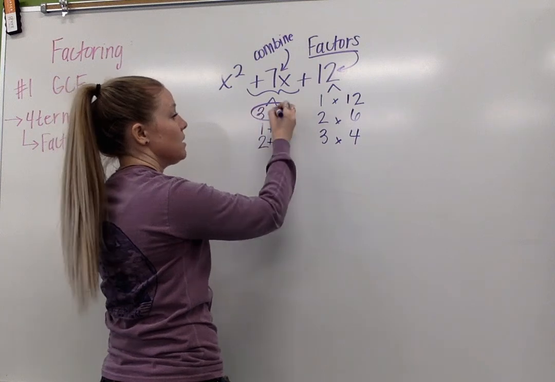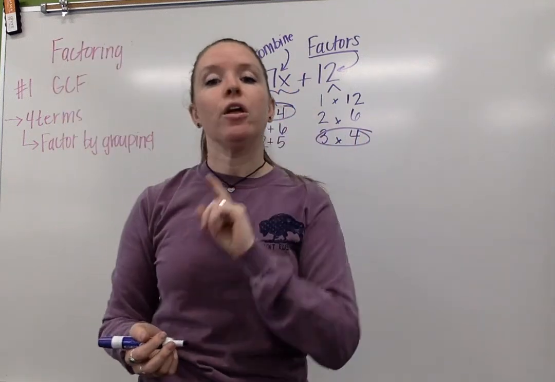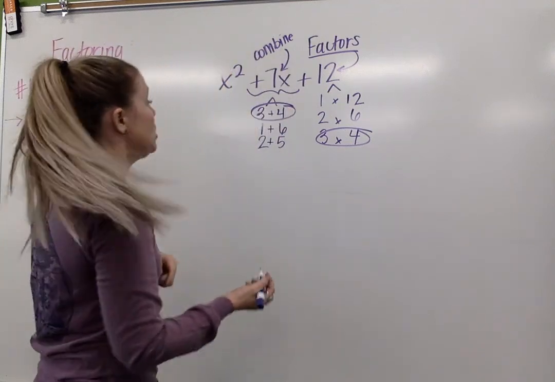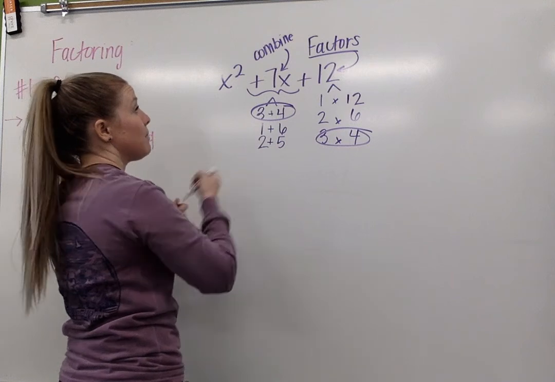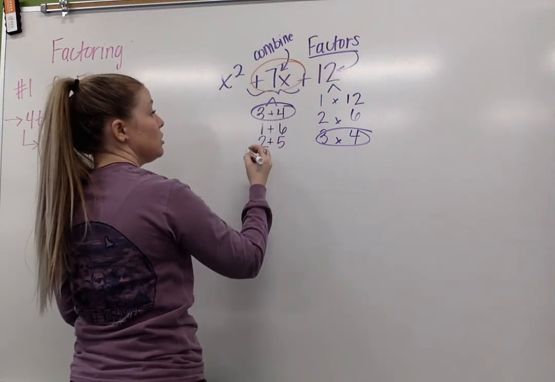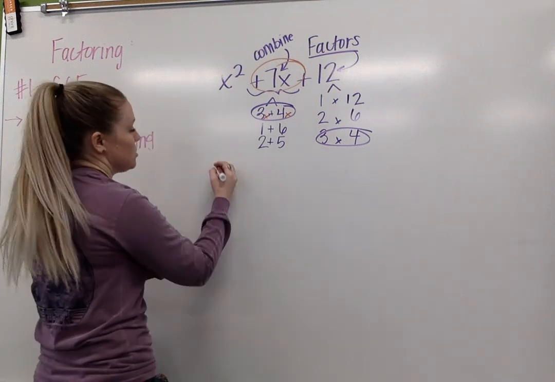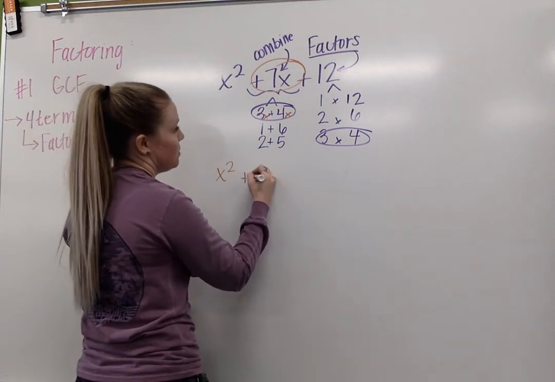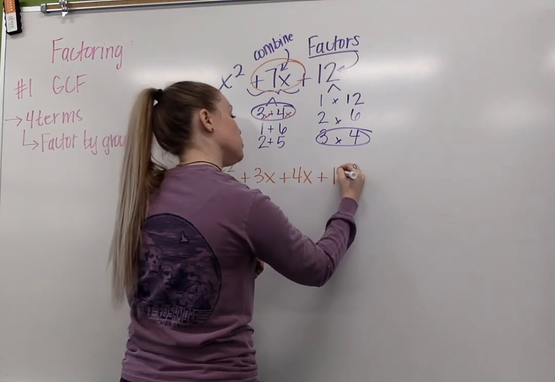If we notice, they both have 3 and 4. 3 times 4 is 12, and 3 plus 4 is 7. So I'm going to split my 7x using 3x and 4x. That looks like x squared plus 3x plus 4x plus 12.